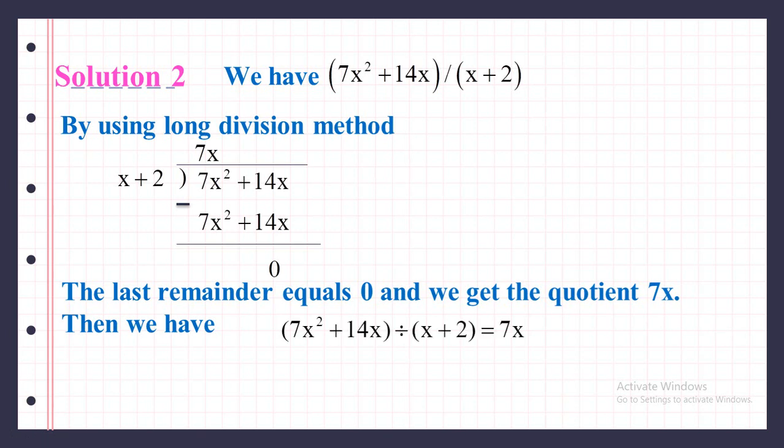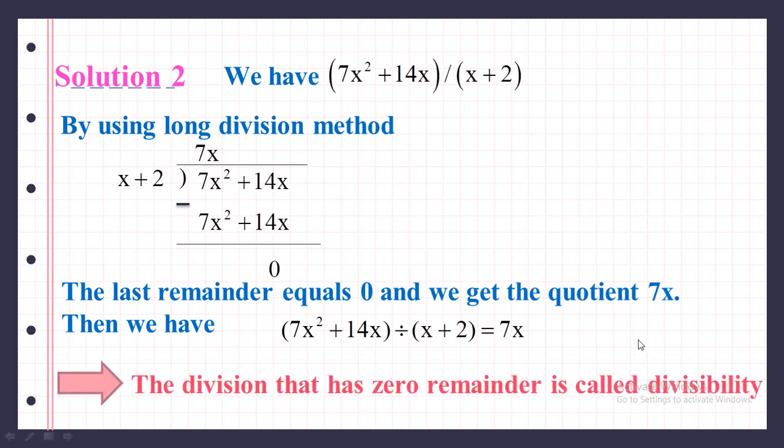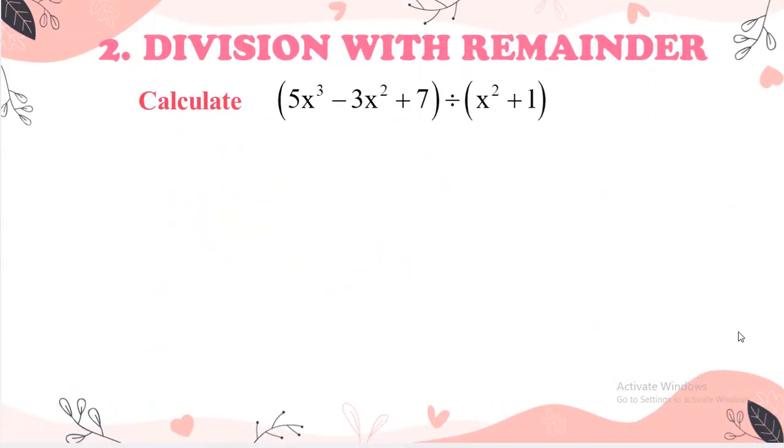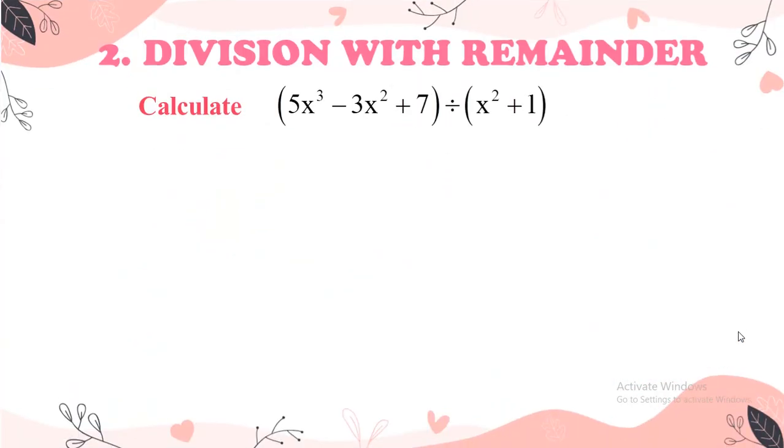We have (7x^2 plus 14x) divided by (x plus 2) equals 7x. The division that has 0 remainder is called divisibility.